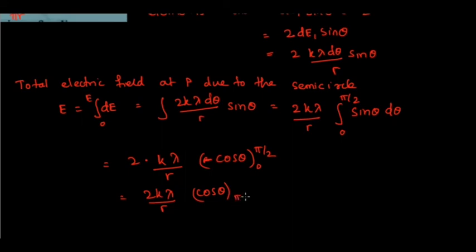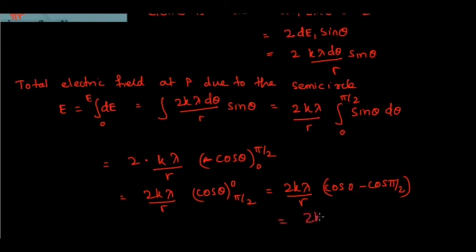The lower limit will be pi by 2, the upper limit will be 0, because I have removed the negative sign. That's why I have changed the order of the limits. So that is equal to 2k lambda by r times cos 0 minus cos pi by 2. Cos 0 is 1, cos pi by 2 is 0. So this value will be equal to 1.